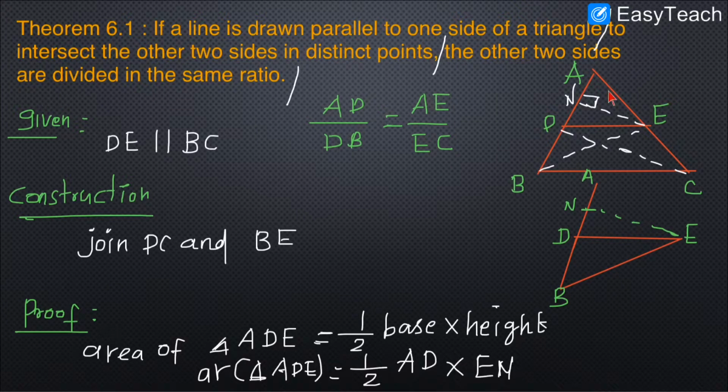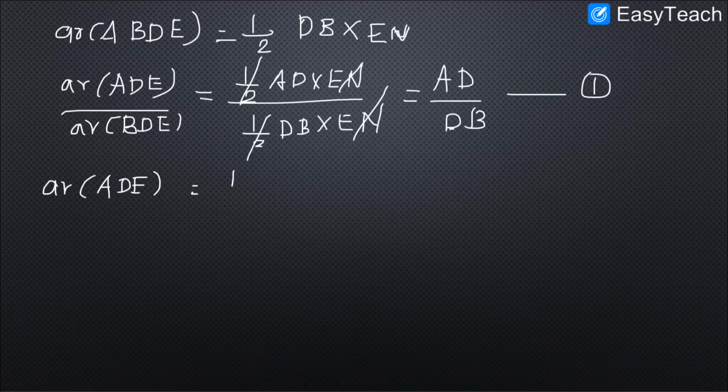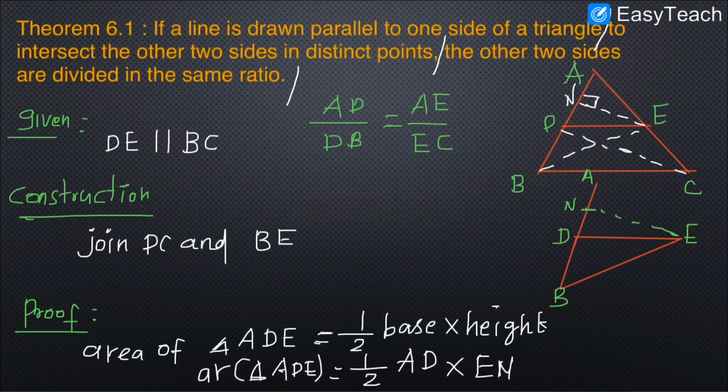Okay, AE upon EC. So AE upon EC, or the base of these two triangles ADE and DEC. So let's find out the area of these two triangles and follow the same step. So area of ADE equal half into, for base I am going to take this time AE as the base. In this triangle previously AD was the base, this time AE is the base, since we need to prove AE upon EC.